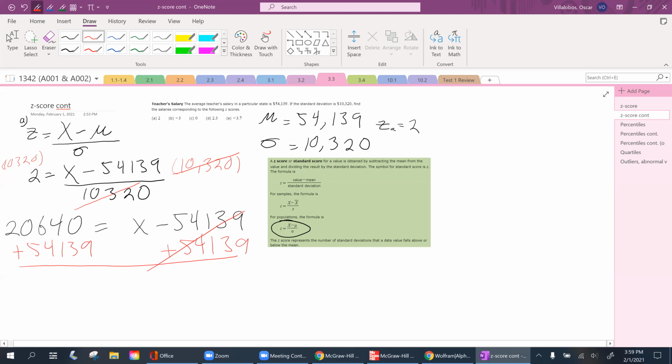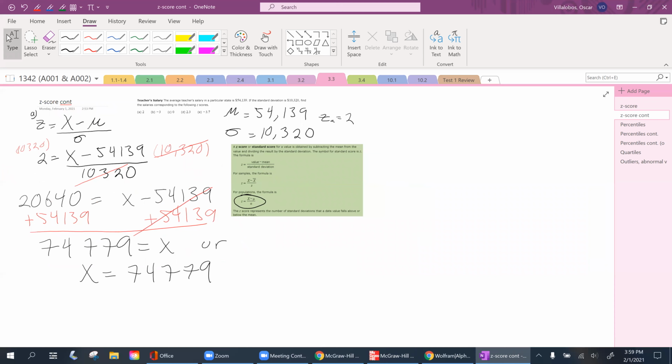This cancels out here, leaving me with 74,779 is equal to X, or X is equal to 74,779. That'll be the X value.